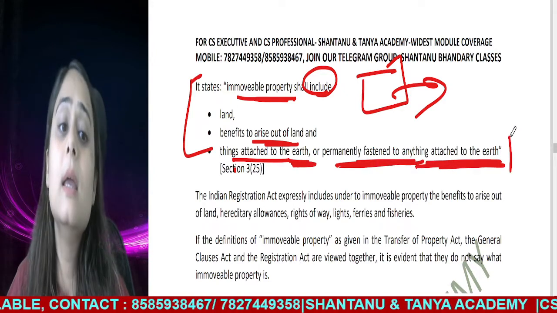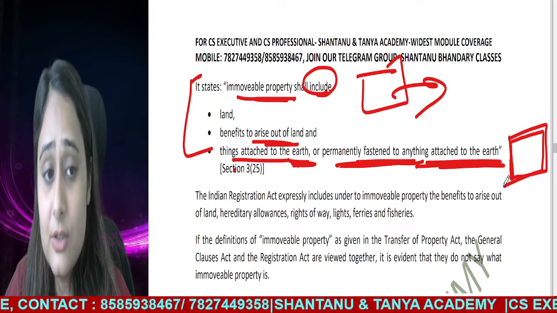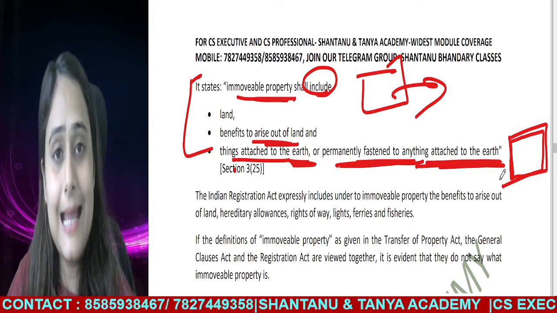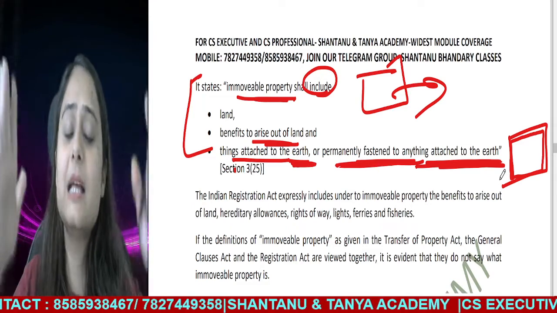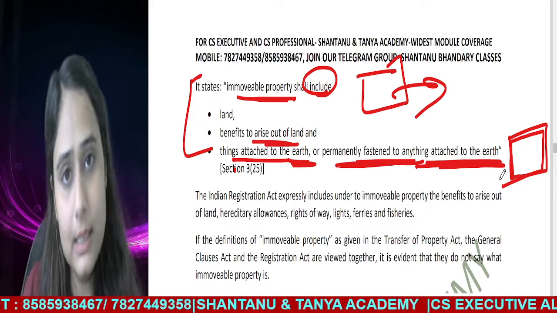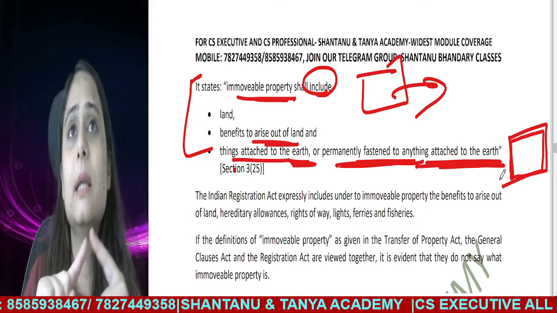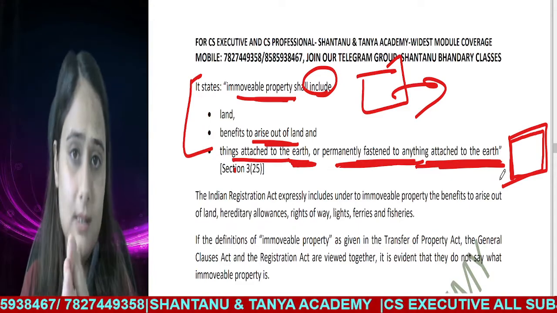Suppose a building has been constructed. Now it has been constructed in such a manner that the land has been dug out up to a certain level, and from that the base has been structured, right? So that becomes the immovable thing, right? First thing.